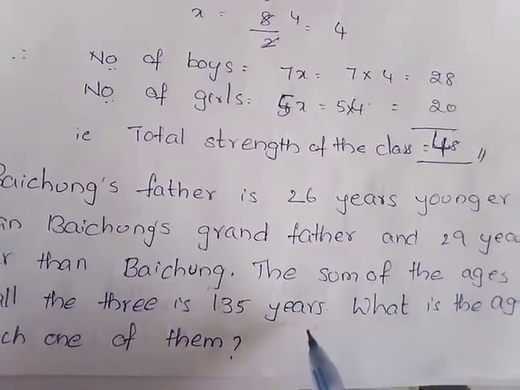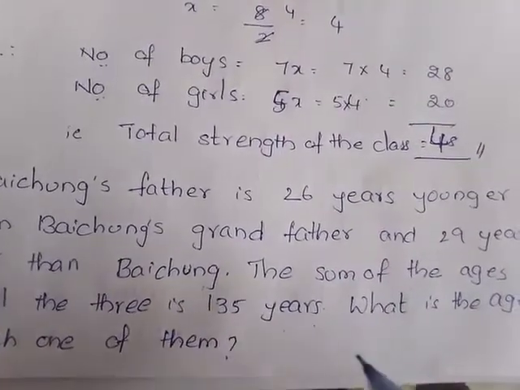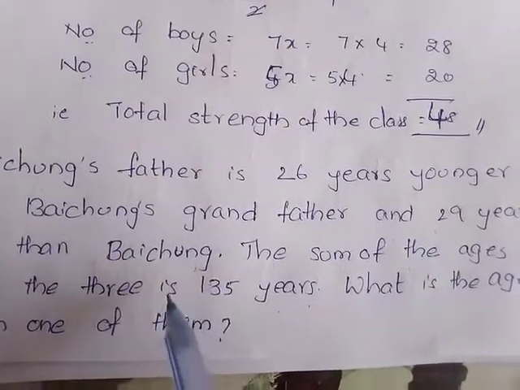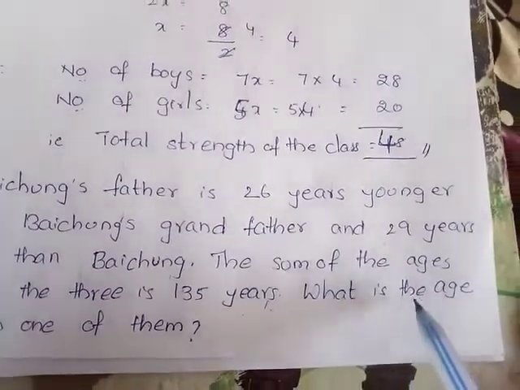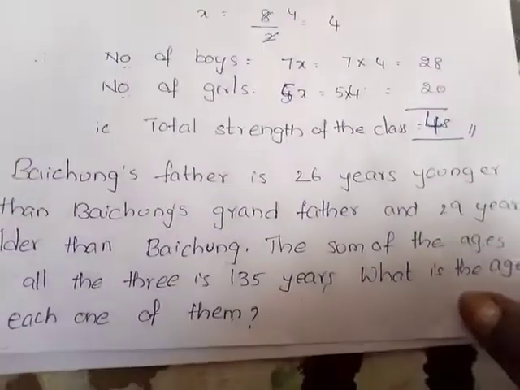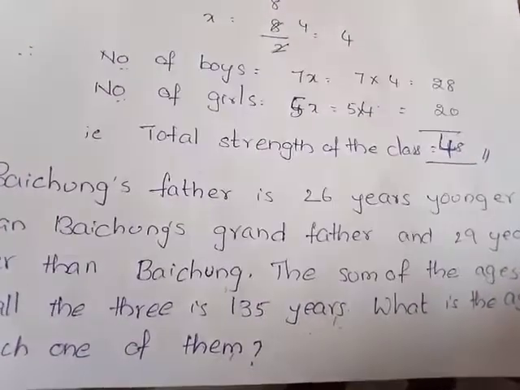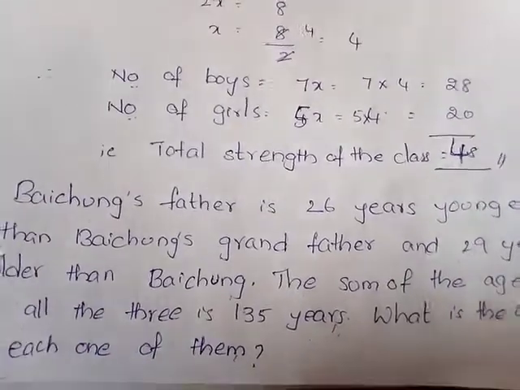That is, Baichung's age plus Baichung's father's age plus Baichung's grandfather's age. The total age is 135 years. What is the age of each one of them? So now we have to calculate the ages of Baichung, his father and his grandfather.